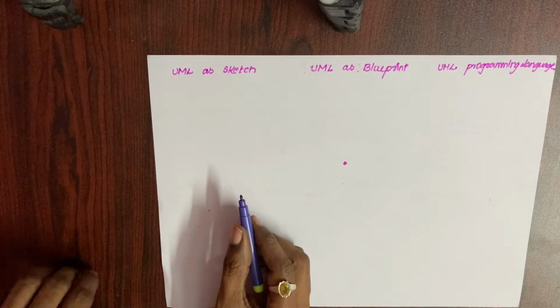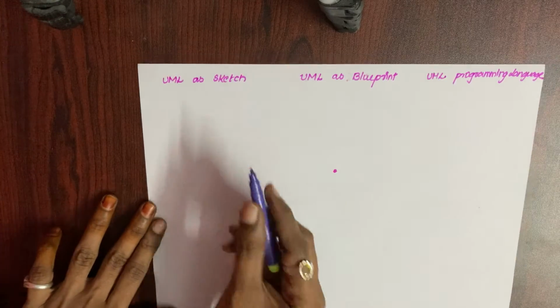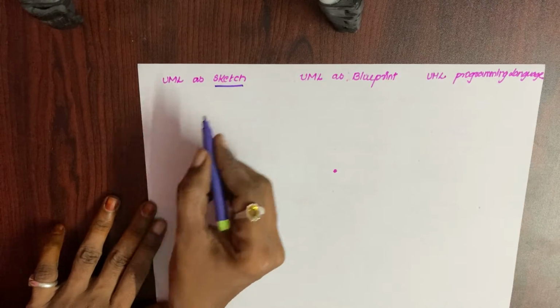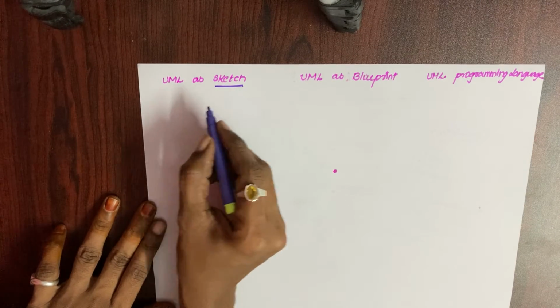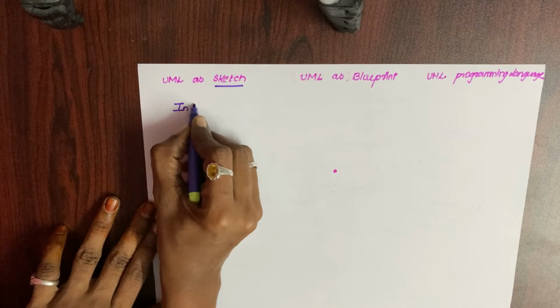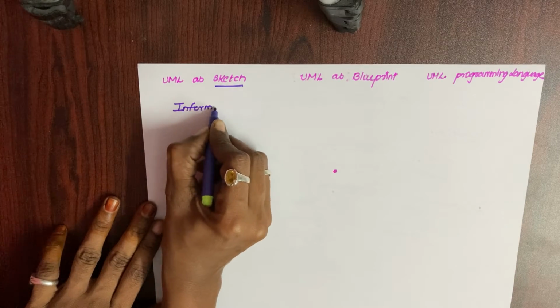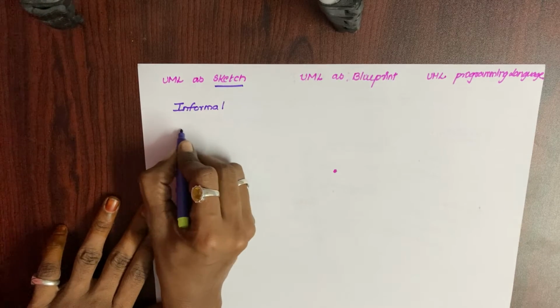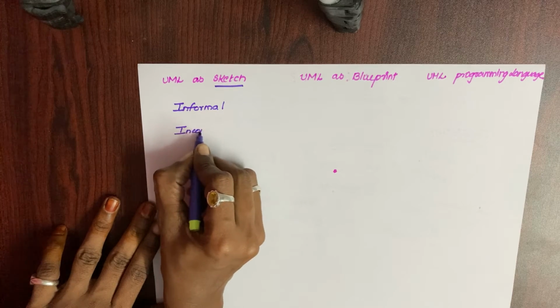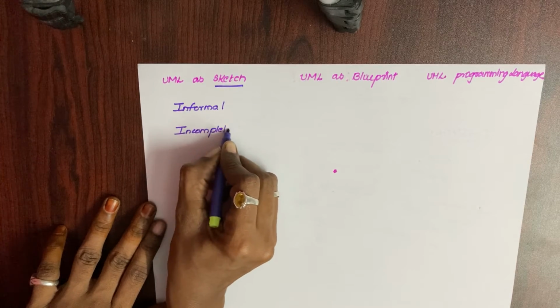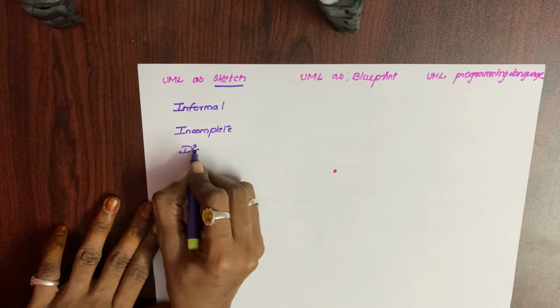First, I'm going to concentrate on UML as sketch. Sketch means in the format of a sketch, we can see the most informal and incomplete diagrams.